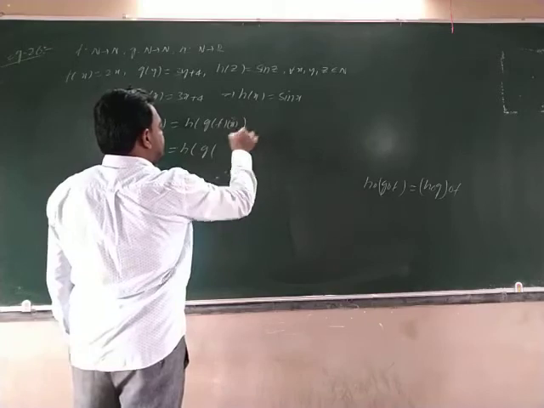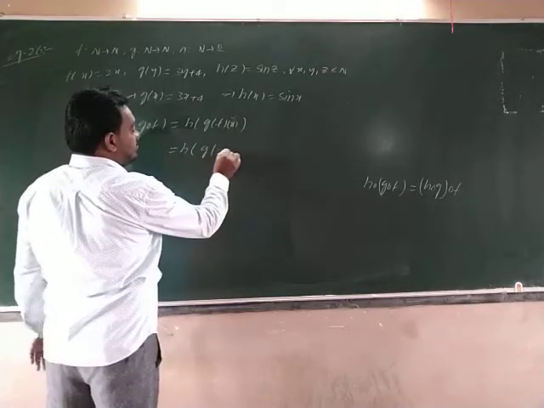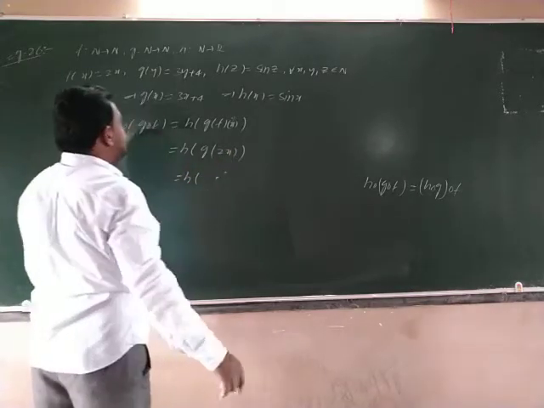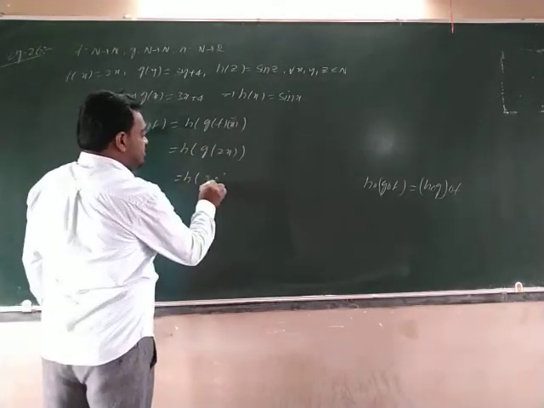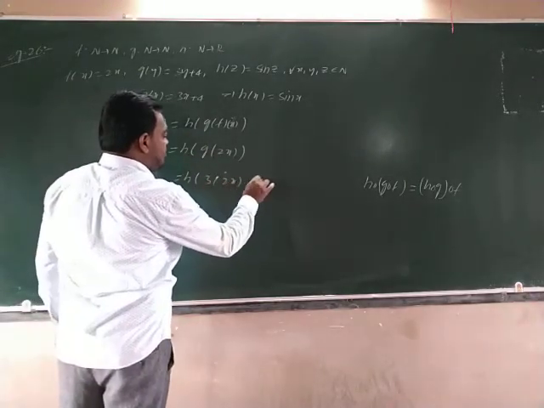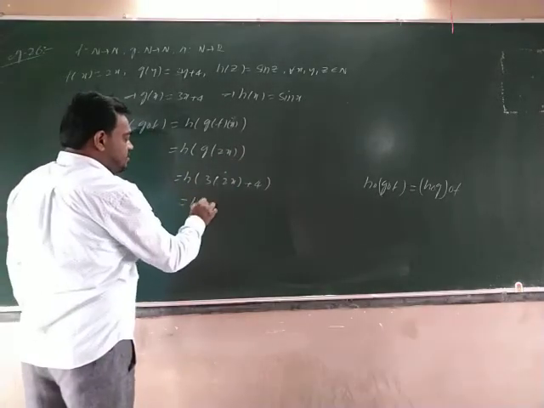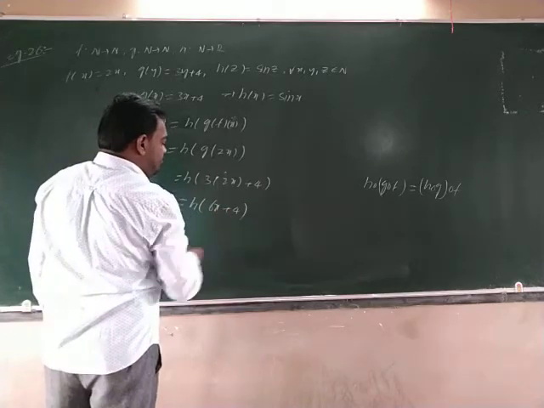F of x is equal to what? 2x, right? H of g of 2x. G of x is 3x plus 4. G of 2x is 3 into 2x plus 4. In place of x we are substituting 2x. That is h of 3 times 2x, that is 6x, plus 4.